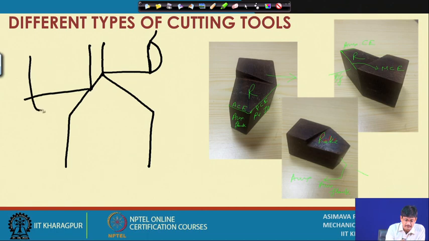The workpiece is rotating, and this is the point, not really a point, but anyway it is a single point at which the cutter is connected to the workpiece. So, this is our cutting tool. This is our workpiece.